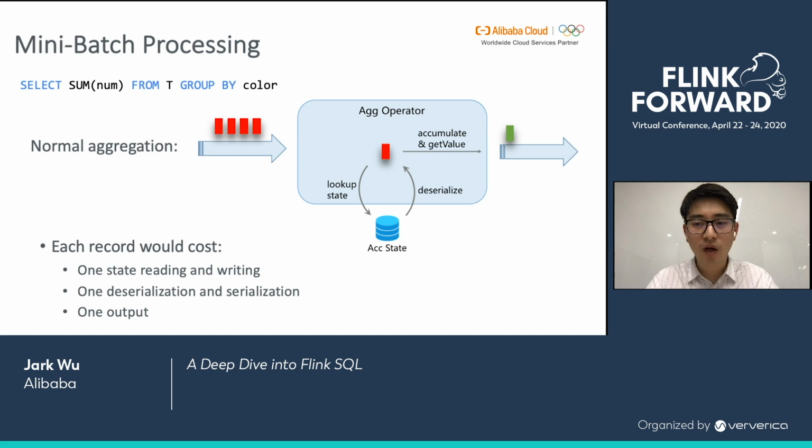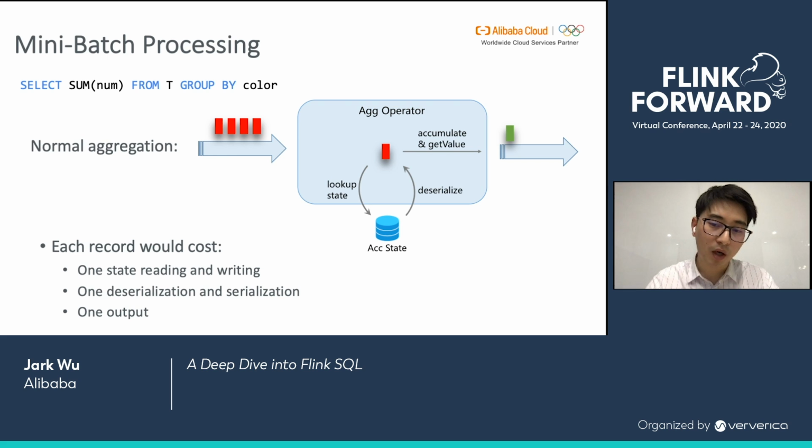We also improved some operator implementations. One of them is the mini-batch processing for aggregations. Let's take a simple aggregation query as the example. In this case, we want to group by color and do a simple sum. If we take a look into the aggregation operator, you will see that for each record coming in, we will first look up the state to deserialize the previous sum accumulator from the state and do the aggregation.